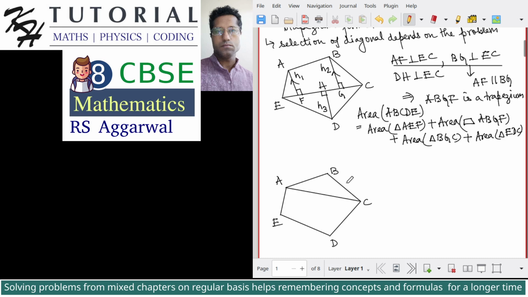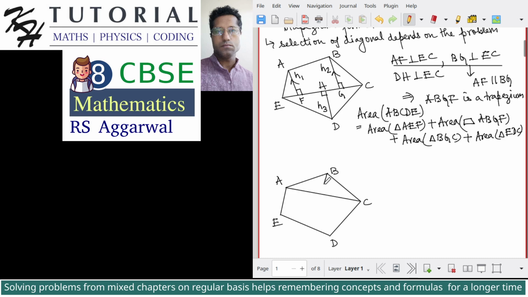Okay, so if in the same pentagon I consider the diagonal AC, then we see that the diagonal AC has divided the pentagon into triangle ABC and the quadrilateral AEDC. Now the idea is, from all the vertices we will drop perpendiculars on this diagonal AC.